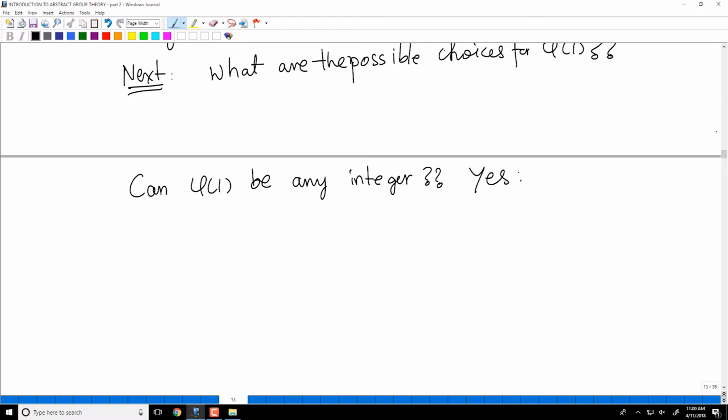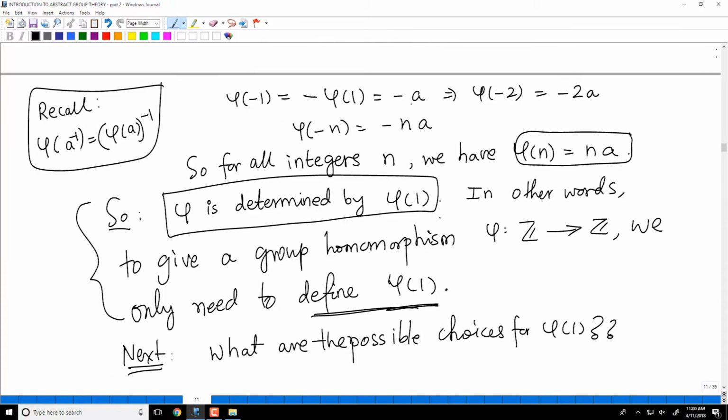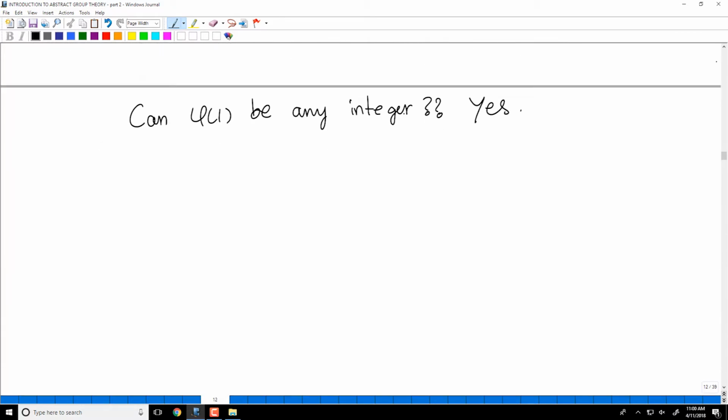It can be any integer, because in the calculation that we discussed earlier, a was an integer. I can put a to be any integer. I have a valid homomorphism after I define phi of 1 to be a.